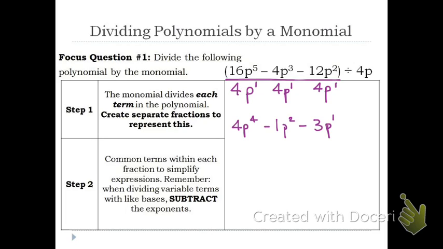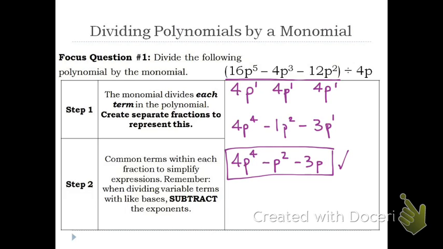The one that I have written right now is acceptable, but the official answer is 4p to the 4th power minus p squared minus 3p. And we're done. So please make sure that you have all these set, and we're going to move on to the next part.